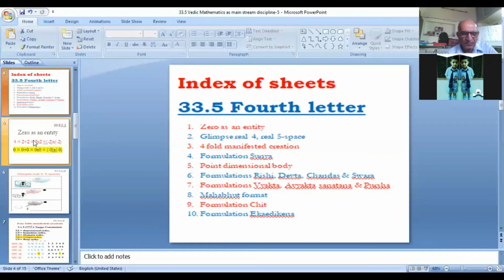The ninth phase and stage is the formulation Chit. Chit has a simple rendering: a consciousness organ. The consciousness organ of the human body is in such a state that it provides a foundation for the intelligence field.